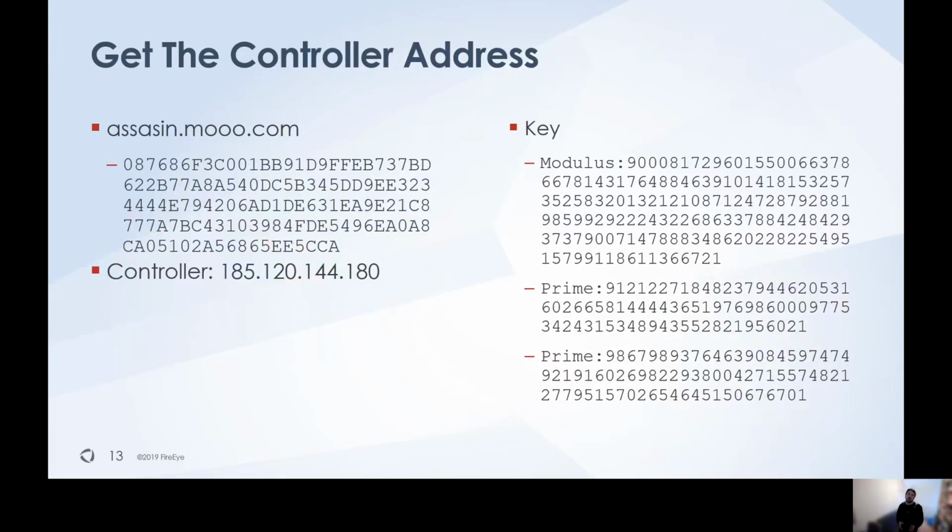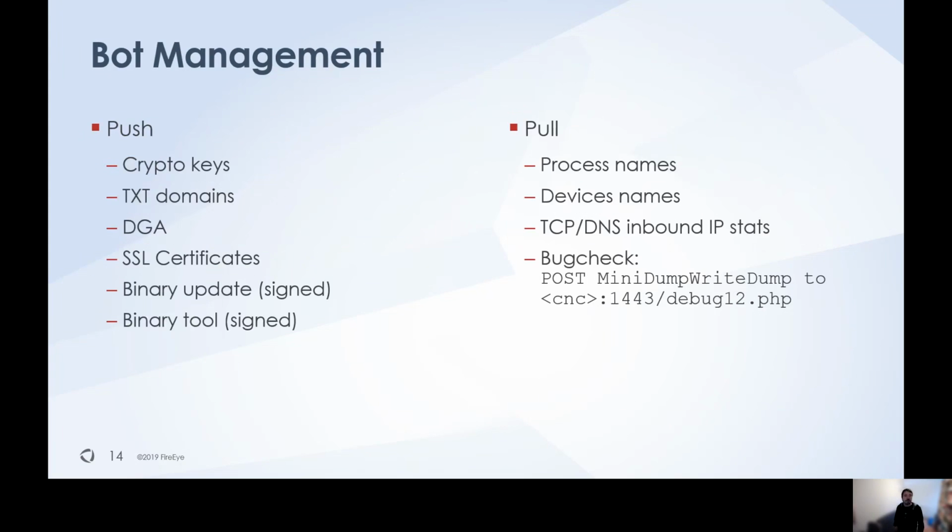Well, this is, for example, the RSA signature that is associated to assassin.mu.com, and the RSA public key, that is the modulus. Actually, that modulus is weak. That is, you can factor it into 2 primes. That fact will be important for what's coming next.